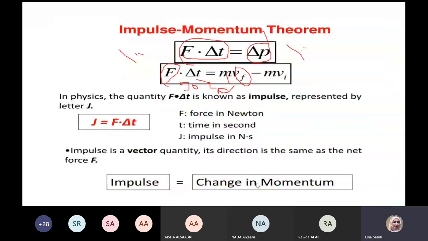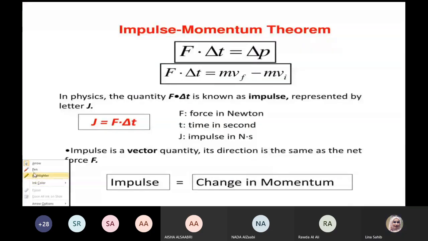How is that? Go back here. Do you remember what I said? I said, if I need to make the momentum 100, I work on these two factors. If I need to make the force small, say 2, I should make the time 50.